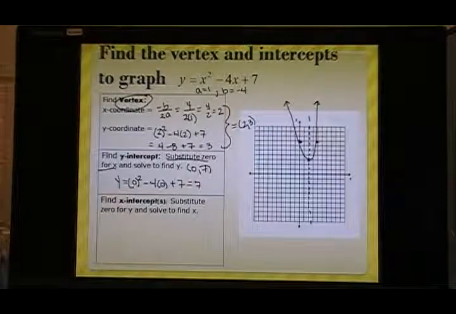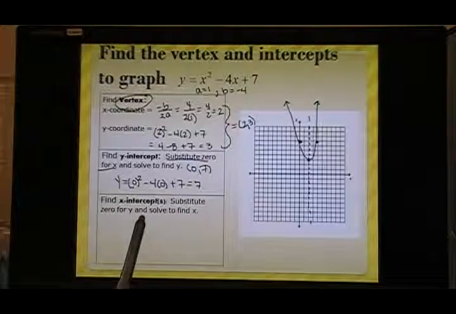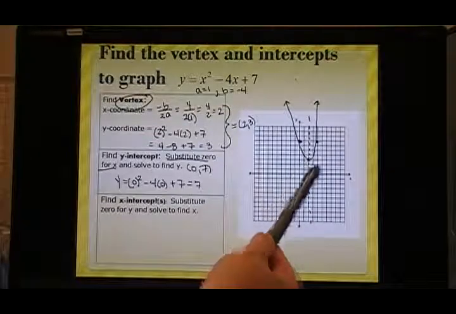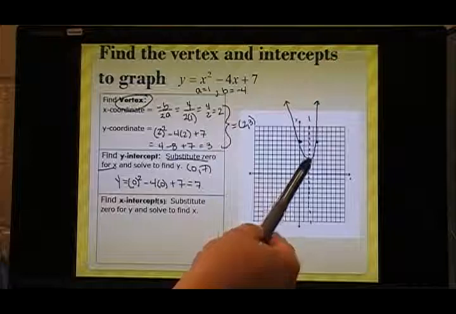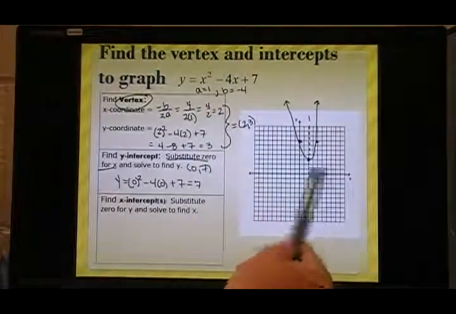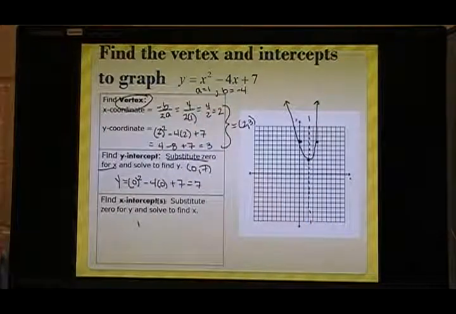So we were able to make the graph without even finding the x-intercepts. And if you look at the graph, you see that there are none. We have our vertex here, and the parabola opens up. And so this parabola isn't crossing the x-axis at all, so therefore it has none.